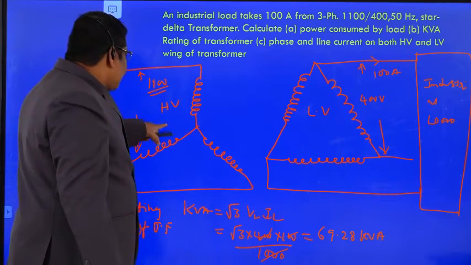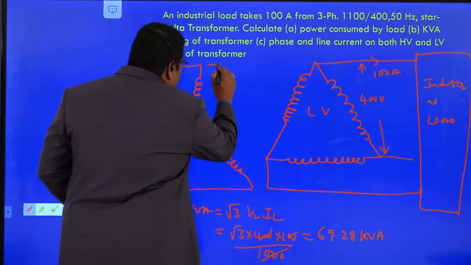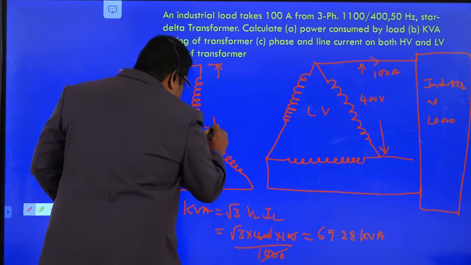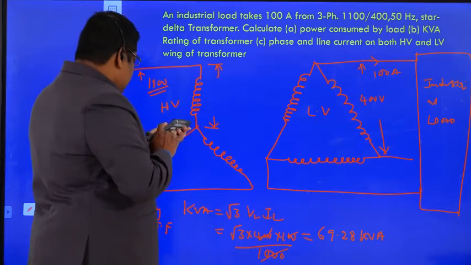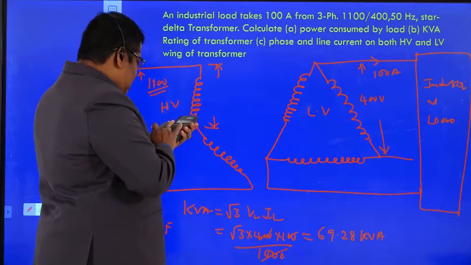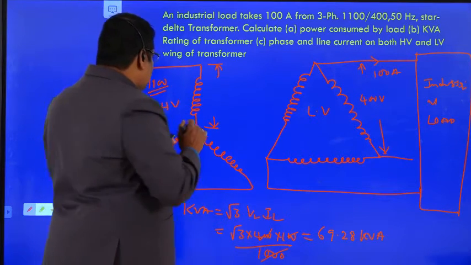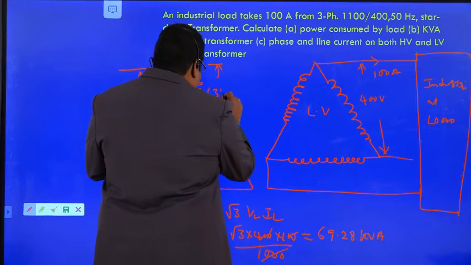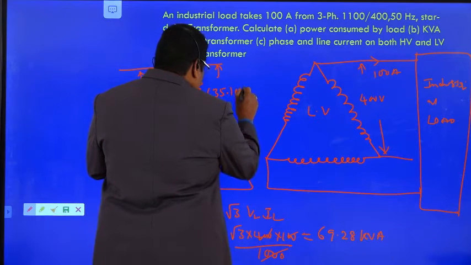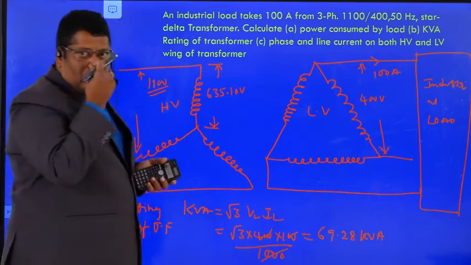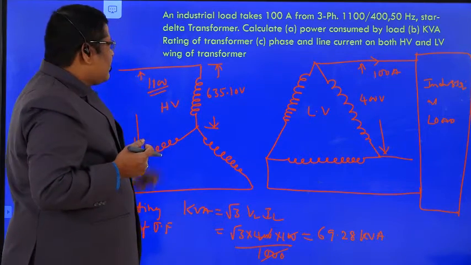Now the phase voltage: the primary is connected in star, so the phase voltage is equal to 1100 divided by 1.732, that is equal to 635.10 volts, primary side.